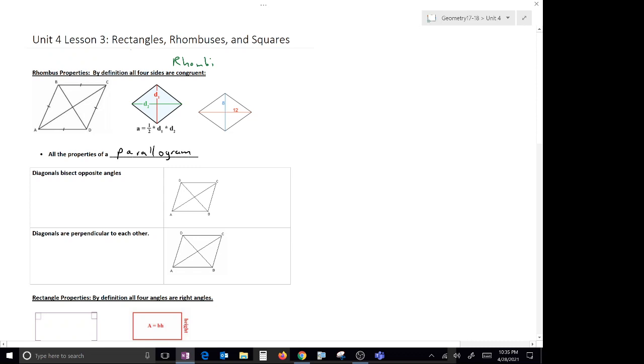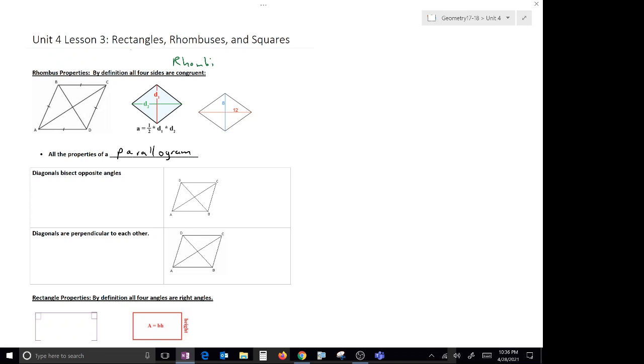A rhombus, by definition, has all four sides congruent. So the property of opposite sides of a parallelogram being congruent is obviously also true if all four are. Opposite angles are going to be congruent. The diagonals are going to bisect each other. All those things.